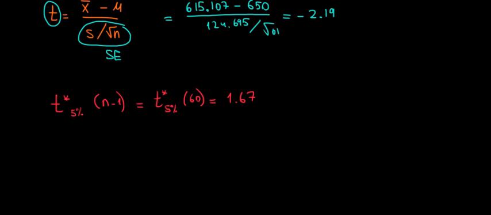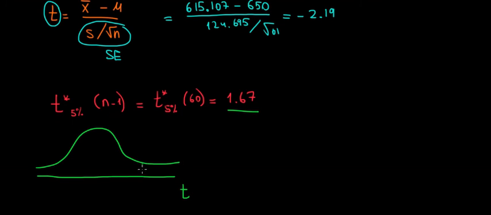Now, the t distribution is symmetric, so let's draw it and see what conclusion we give. So this would be our t distribution. We see the critical value is 1.67. That is one critical value, but because it's symmetric, we also have a negative critical value over here, minus 1.67. Now, the rejection region can be on one side, on the left tail, so all we care about is what's going on over here. And we can see that our t value is minus 2.19.